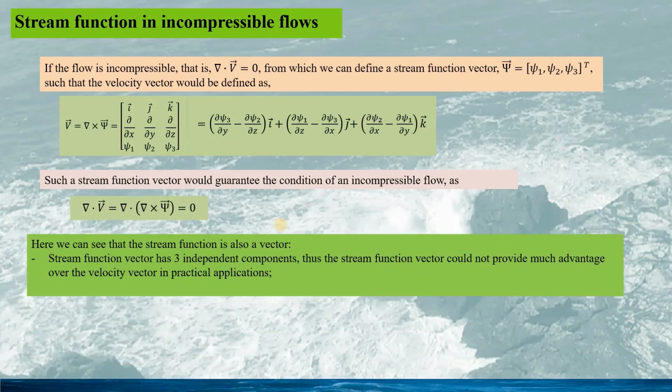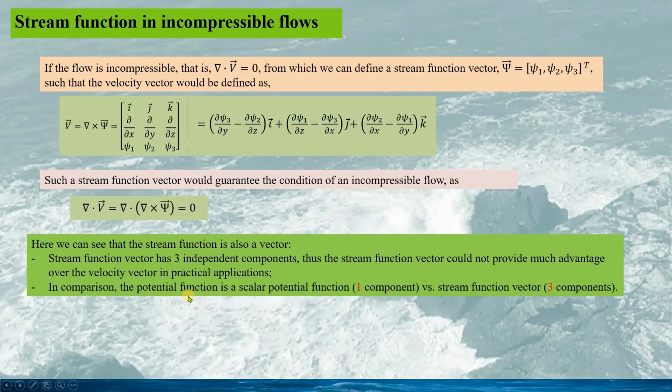However, the stream function itself is a vector with 3 independent components. In this regard, the stream function would not provide much advantage over the velocity vector in practical applications.